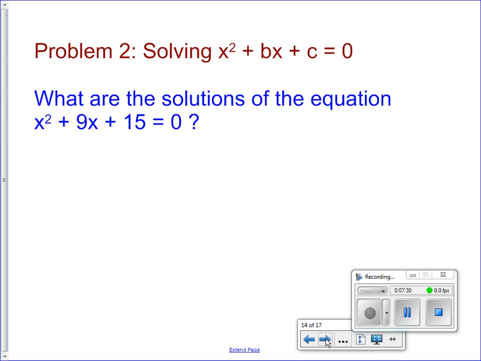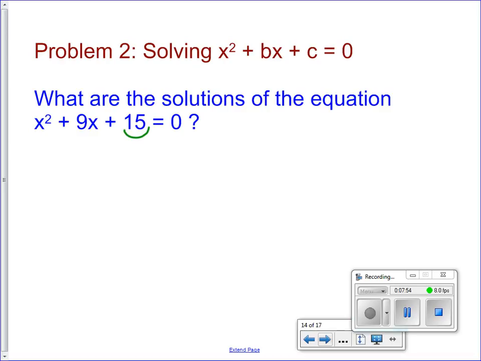All right, problem 2, solving x squared plus bx plus c equals 0. What are the solutions of the equation x squared plus 9x plus 15 equals 0? First I want to point out, this is an equation that cannot be factored, and that's why we need other ways of solving it.